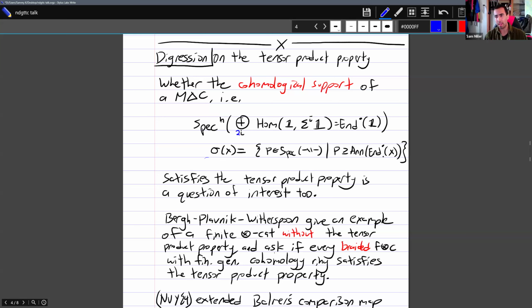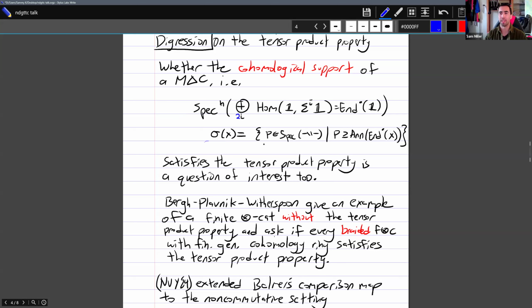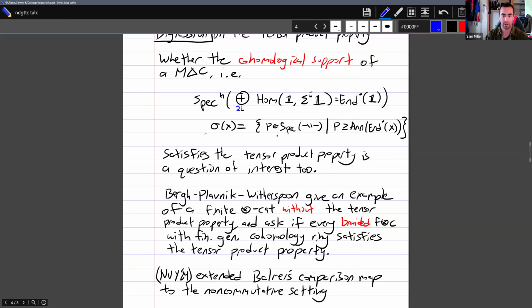Whether this cohomological support satisfies the tensor product property is also a question of interest. So you can always define this for any finite tensor category. And so the hope is that if you define this for a finite tensor category, then this, or some modification possibly of this, should actually be the Balmer spectrum of the stable module category of your finite tensor category. And so Bergh, Plavnik, and Witherspoon give an example of a finite tensor category without the tensor product property.